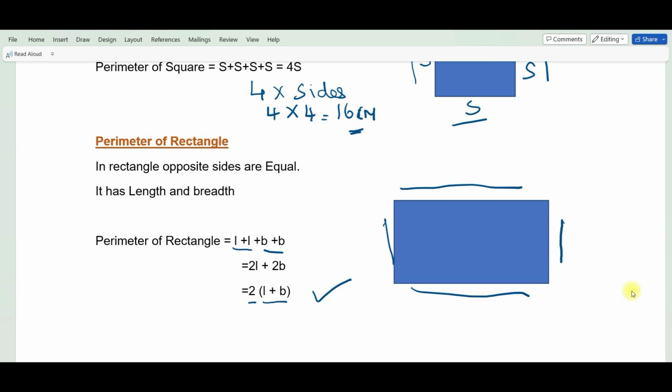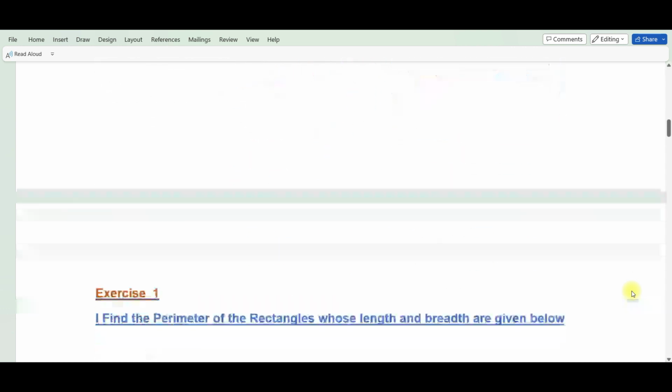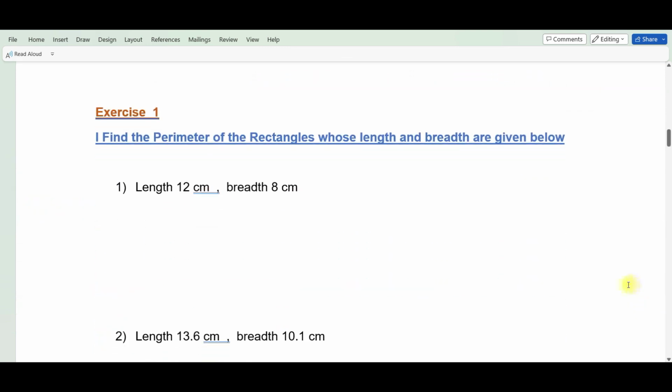So let us start with the exercise. As I said, I am starting the exercise based on the questions from the ICSE syllabus of class 5th on perimeter. So the first question is: find the perimeter of a rectangle whose length and breadth are given. Now we know the formula for the perimeter of a rectangle, so we will write the formula first.